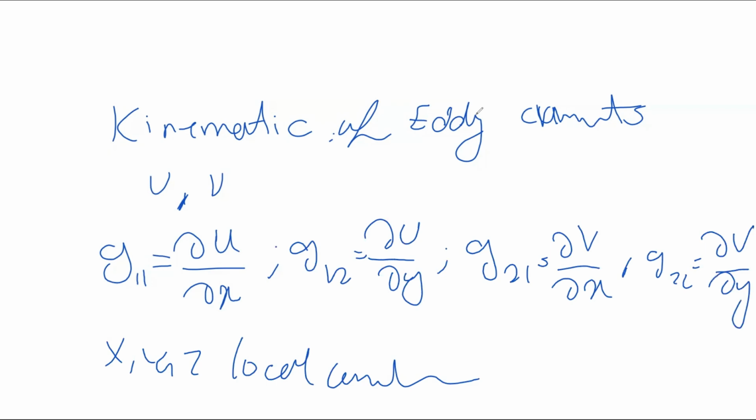So, I mean, we take the derivative of each geostrophic velocity component with respect to X and Y. And based on these derivatives, I can define new parameters.